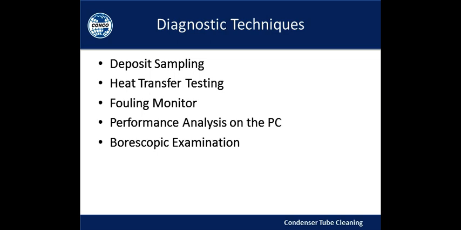The ASME Performance Test Code 12.2, 2010, actually incorporates deposit sampling as an effective way to assess whether or not the condenser tubes are fouled. I.e., if there is a question as to whether or not the tubes are fouled, then 1, take a look with the borescope. 2, put a Pro Series TrueFit standard tube cleaner through the tube and collect the sample.